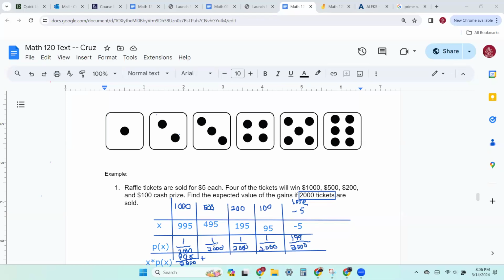And then this is 495 times this, so this is 495 over 2,000. 195 times 1 over 2,000 is 195 over 2,000.